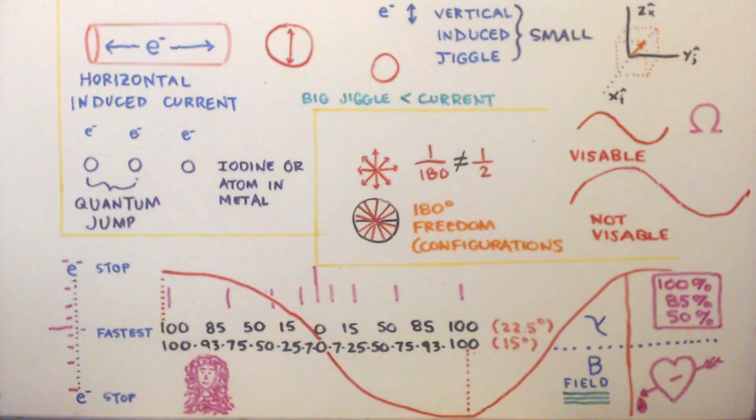If you're at 89.999, you don't have enough energy to do this horizontal inducement of current. So if you're at 89.999, where does all that energy go? You don't have enough to jump this electron off into the next atom or iodine atom.